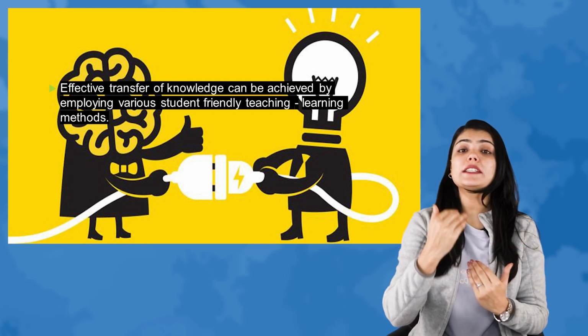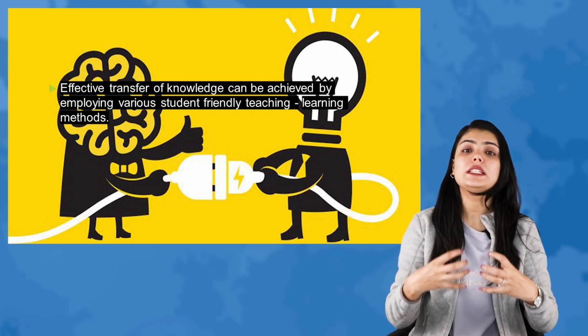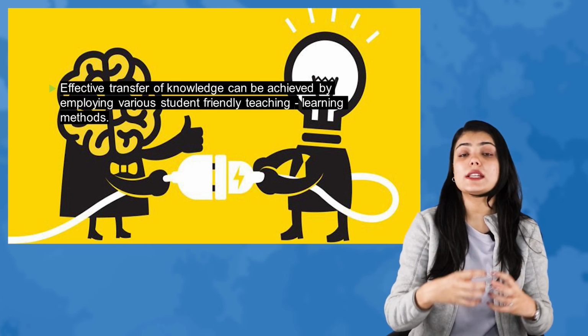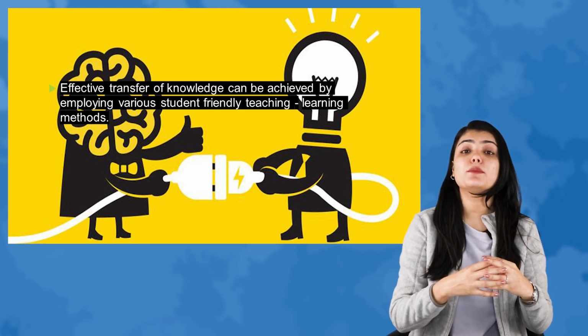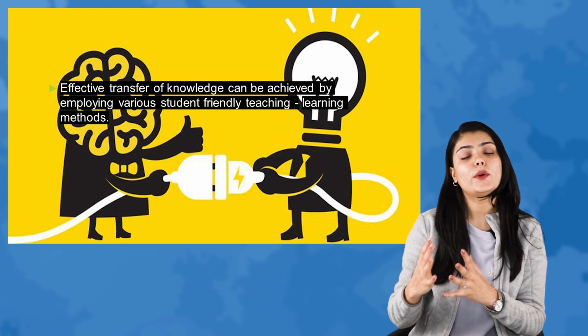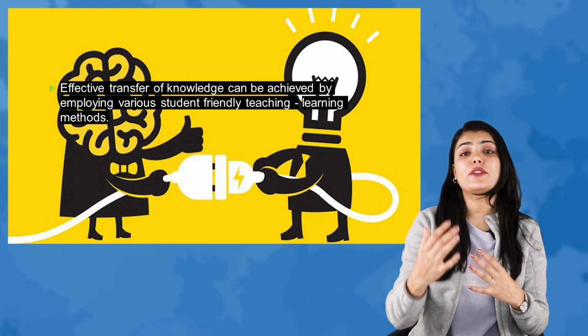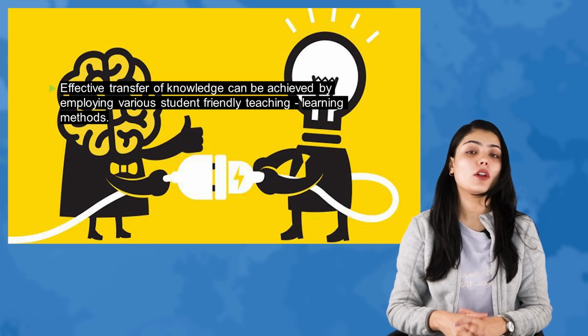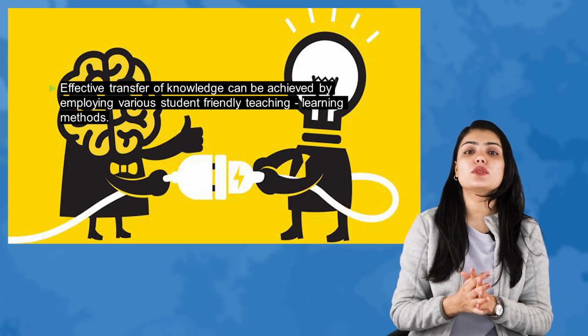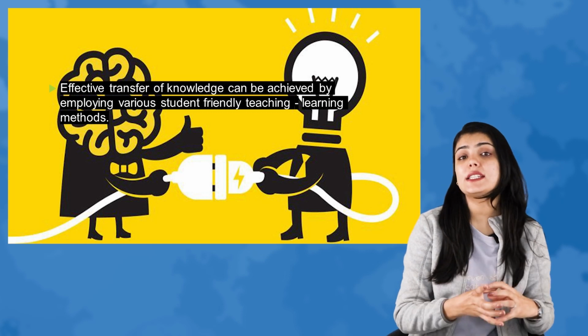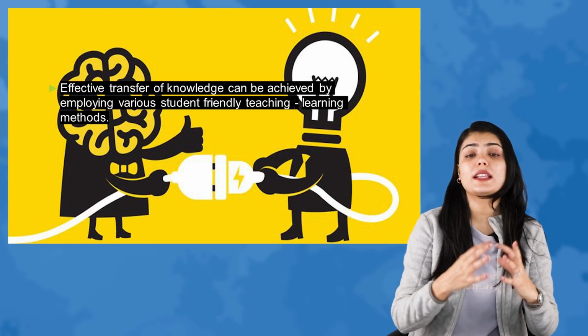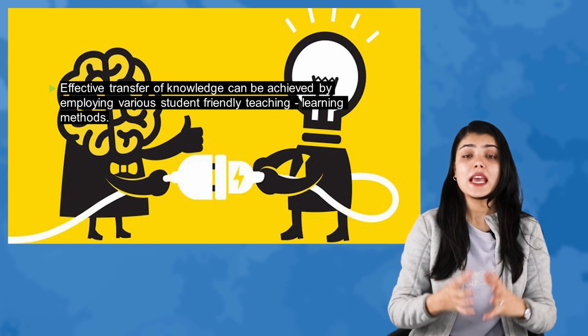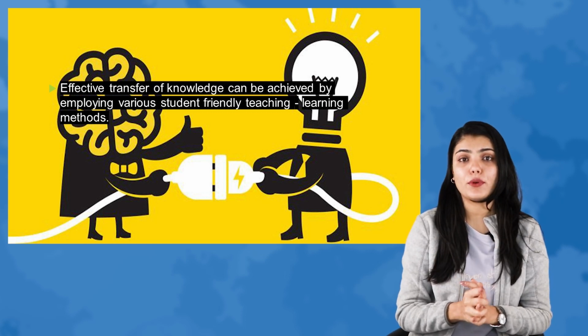Effective transfer of knowledge from the teacher to the learner is achieved by employing various student-friendly teaching learning methods. So when the teacher is teaching, the teacher should use those methods that are effective for the student, that is student-friendly.